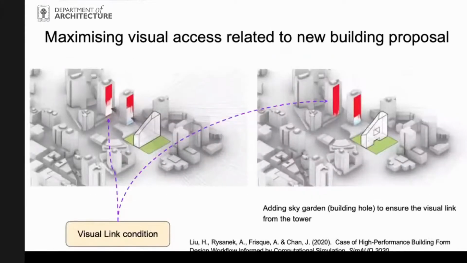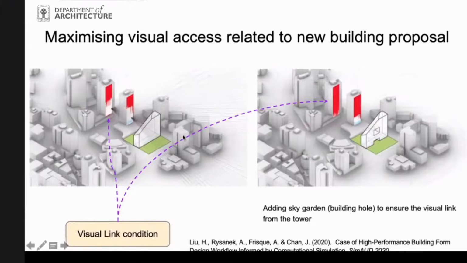We can also utilize some software to test the visual aspects. For example, you design a building and you want to maximize the visual access from the building. What can we do? We can manage the design to make that visual condition achievable, so we can test our design.